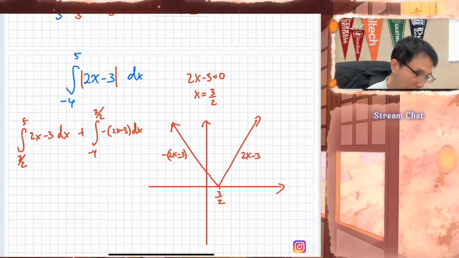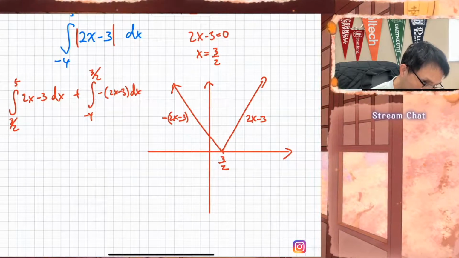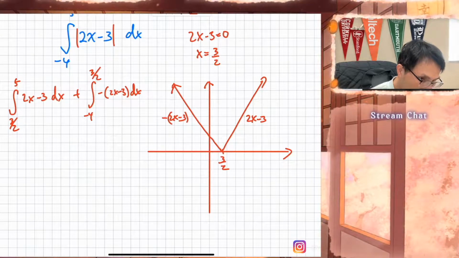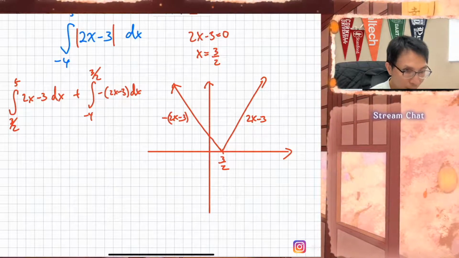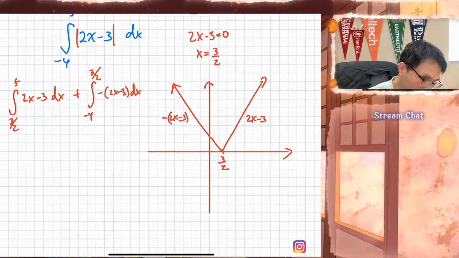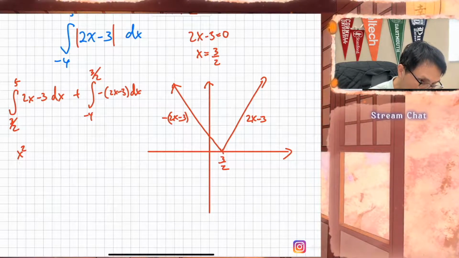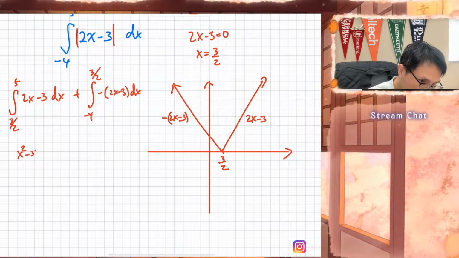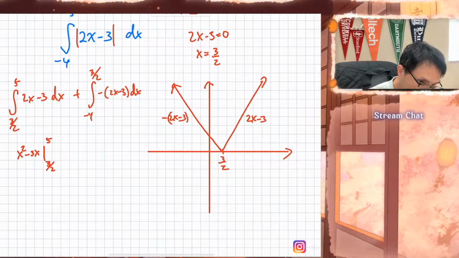Then that will be an evaluation. The evaluation, this is a pain in the butt. You have to work out each individual one. So this one is going to be x squared minus 3x between 5 and 3/2.